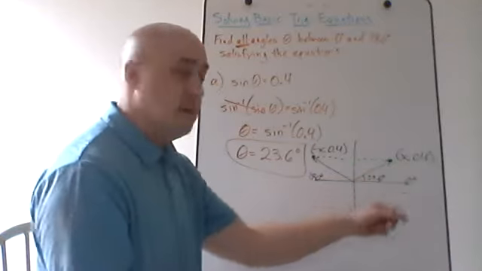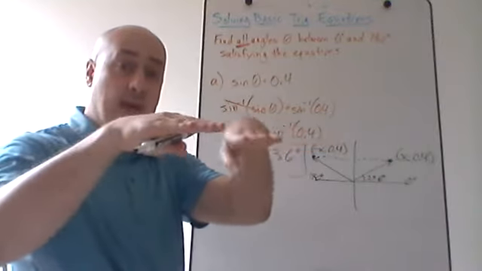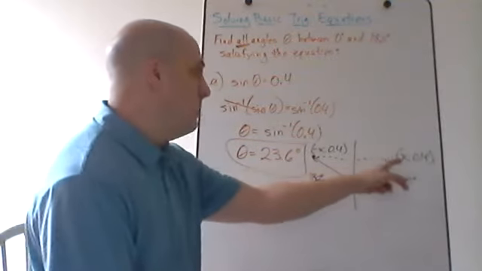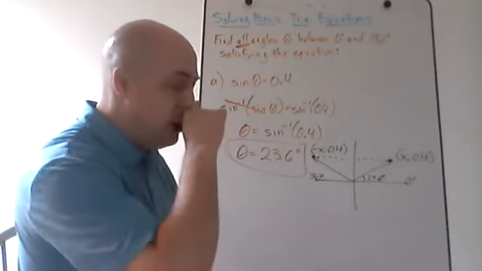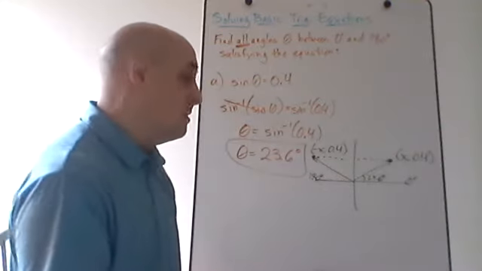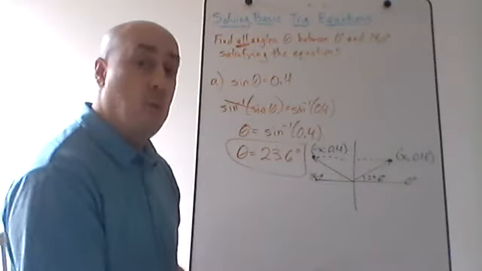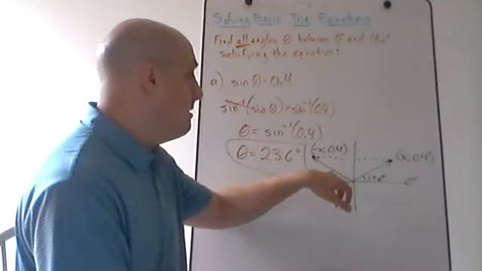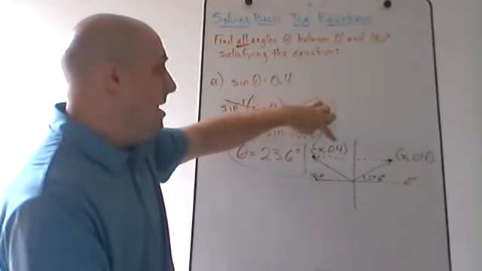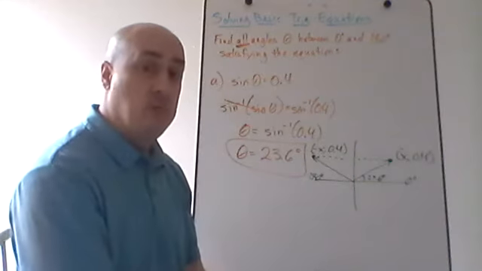The y coordinate is going to be the same because it's at that same horizontal line there, and when I flip it over to the second quadrant, it just makes the x coordinate negative. Once again, I don't really care what the x coordinate is here. I could figure it out if I wanted to, but it's not important to what we're doing. So there is going to be another angle between 0 and 180 that also has a y coordinate of 0.4.